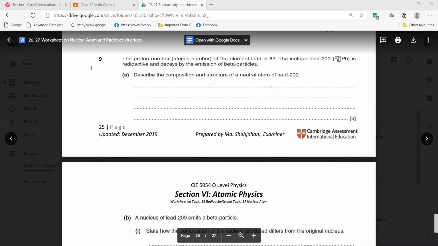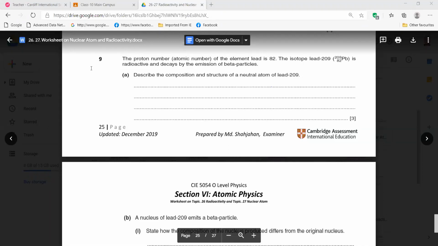The proton number of the element lead is 82. The isotope lead-209 is radioactive and decays by emission of beta particles. Describe the composition and structure of a neutral atom of lead-209. So this one you already got 2 more similar questions, right? It's a repeated one. So you need to write the answer, composition and structure.